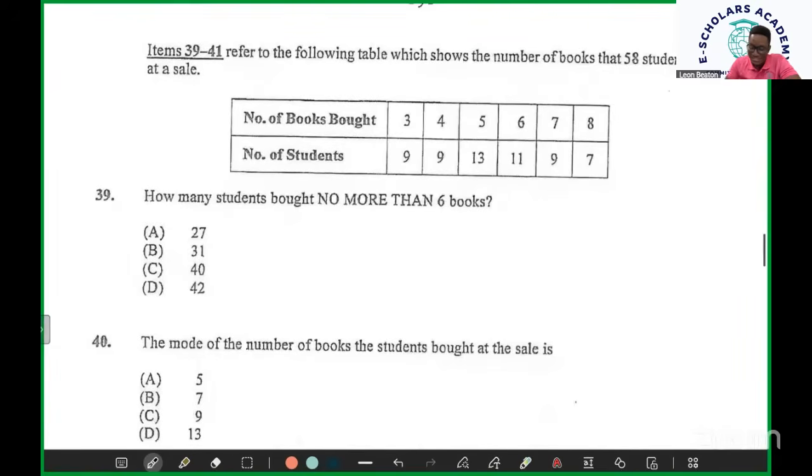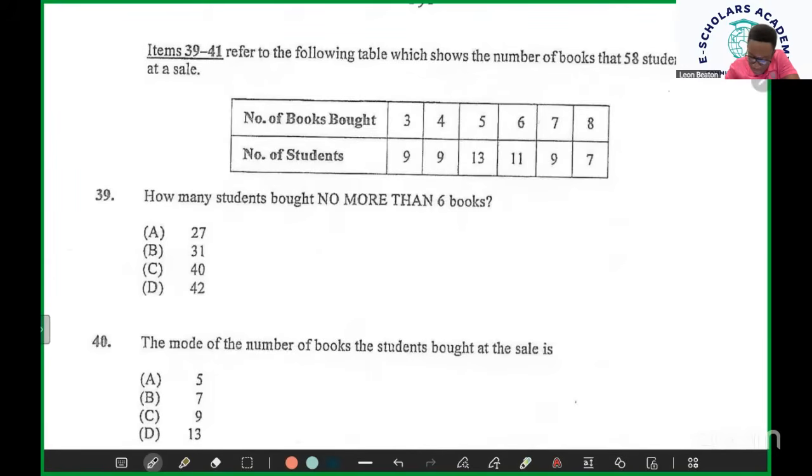Let's not be distracted. So how many students bought no more than 6 books? No more than 6 means 6 and below, right?